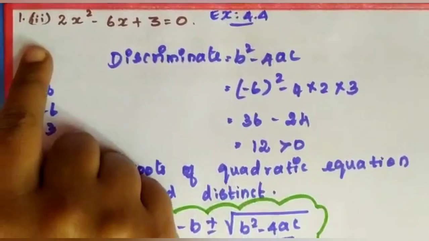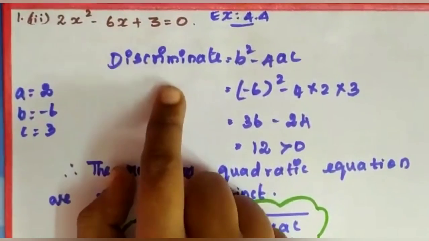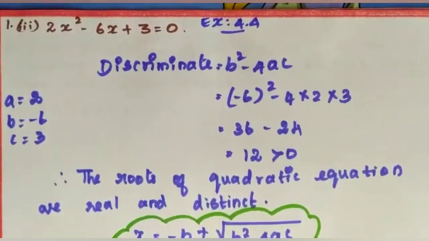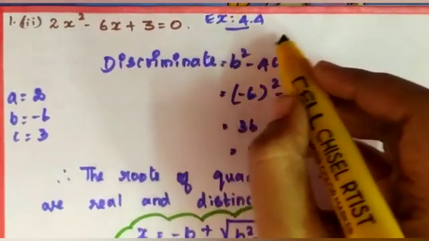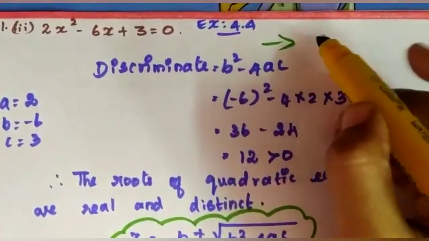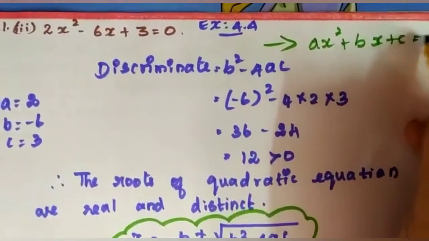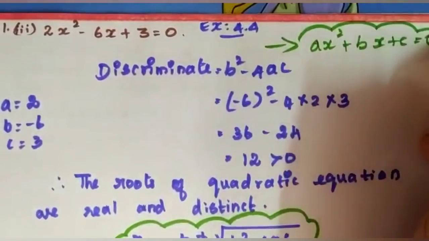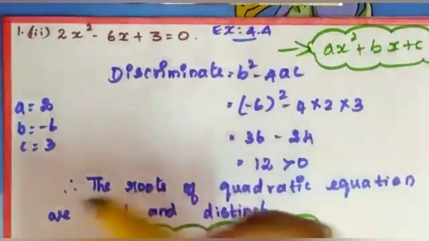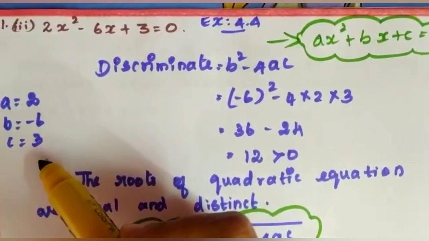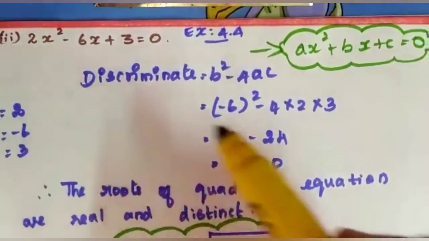Next, third subdivision problem. First we have to find the discriminant, b square minus 4ac. Compare with the quadratic equation form ax square plus bx plus c and find the values of a, b, c. a is equal to 2, b is equal to minus 6 and c is equal to 3.